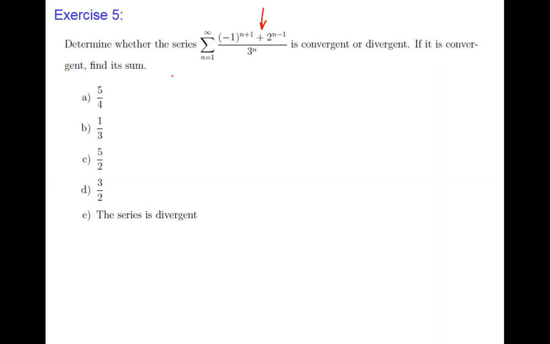This infinite series, sigma from 1 to infinity, can be split into 2 of them: negative 1 to the n plus 1 over 3 to the n, plus, that's the addition, another sigma from 1 to infinity, 2 to the n minus 1 over 3 to the n.